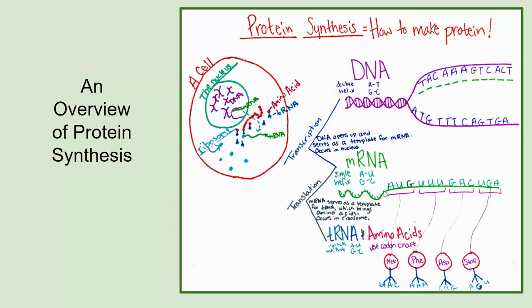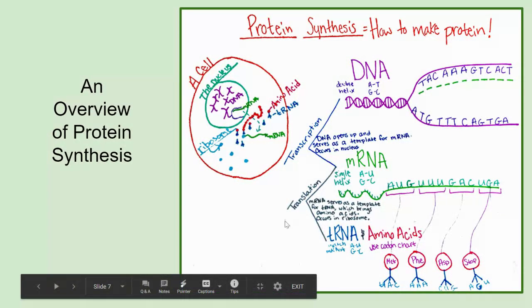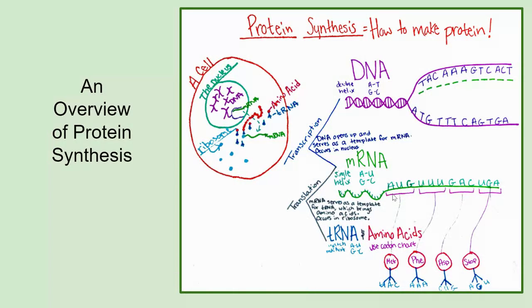And the mRNA then, because it's only a single helix and it's much smaller, is able to slither out of the nucleus into the cytoplasm, where it's going to meet up with a ribosome for the translation process. And in translation, we have what's called a codon, and we use a codon chart to figure this out.